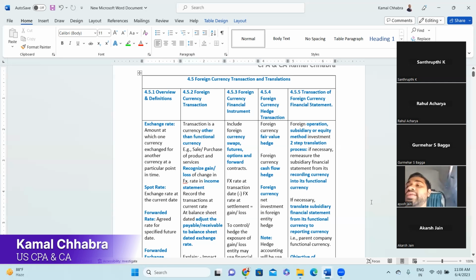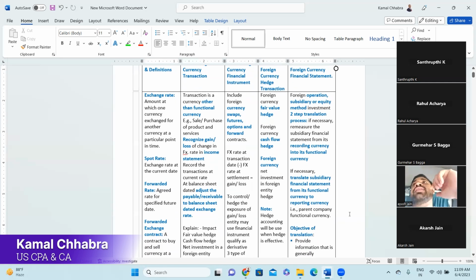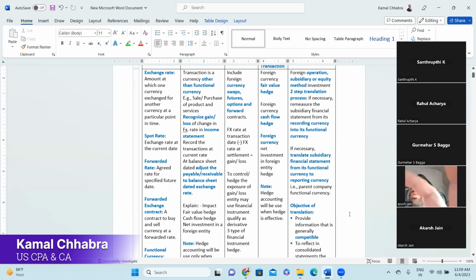Yes, sir. Forward rate is the rate which we agree with the bank for our future transactions. Yeah. So forward rate is basically the rate which you agree with the bank, financial institution, your customer or your vendor, to be payable or receivable in future, to exchange a particular product, service, commodity or currency.